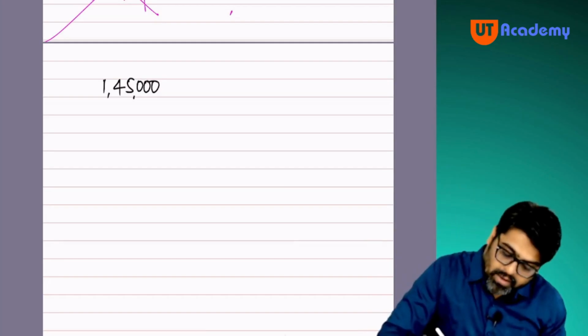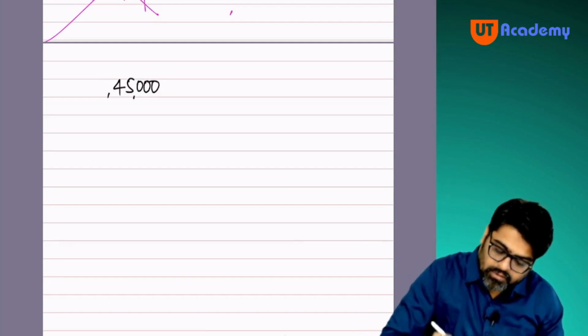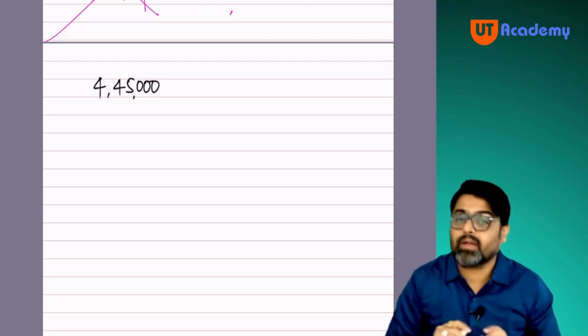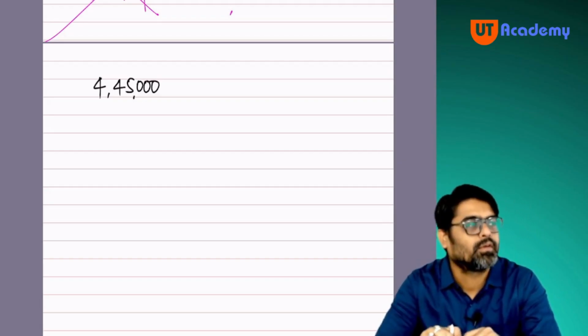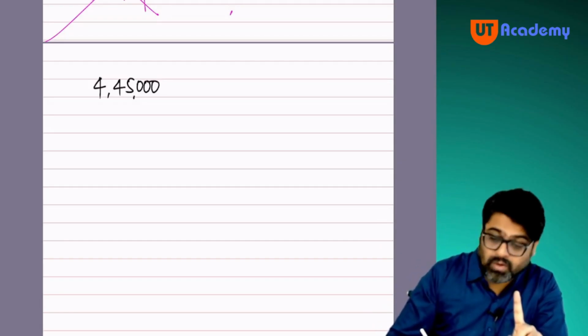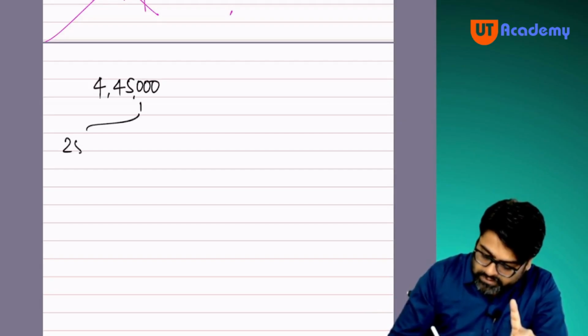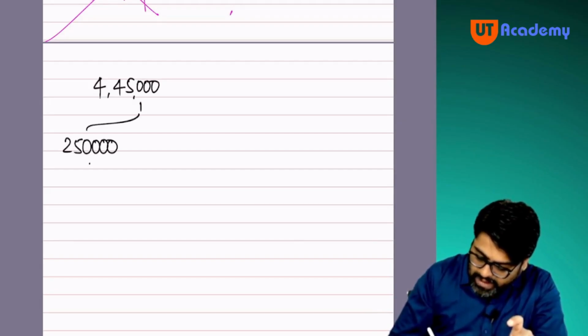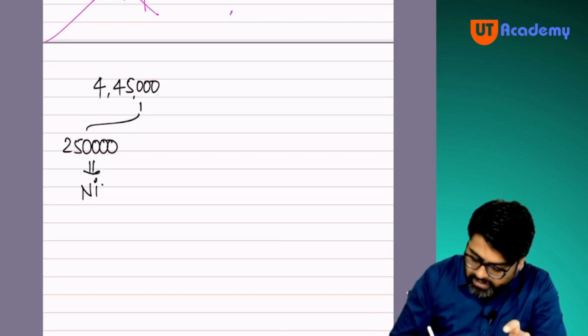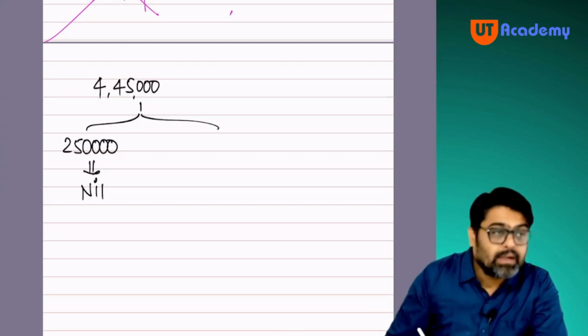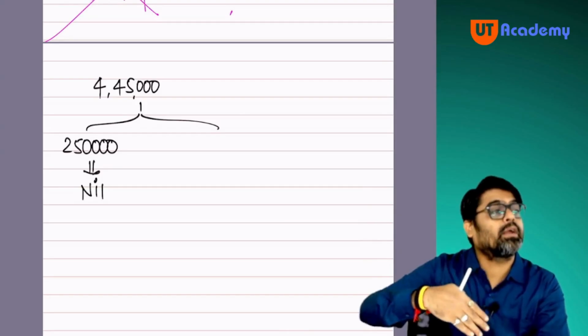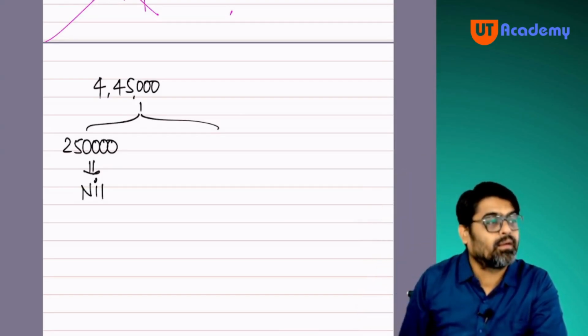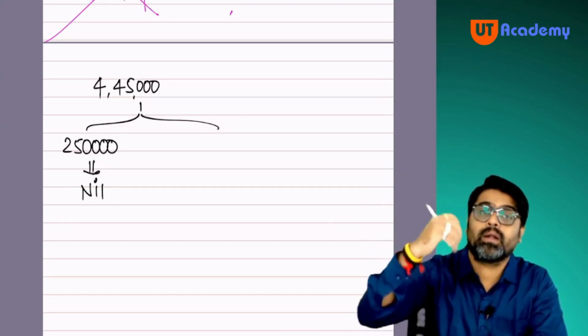Okay. Now what if my total income is 4,45,000? Out of this, on the first 2,50,000, I will not pay any tax. Can you say you have total income over and above 2,50,000?